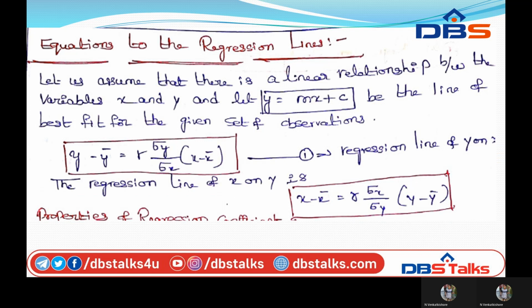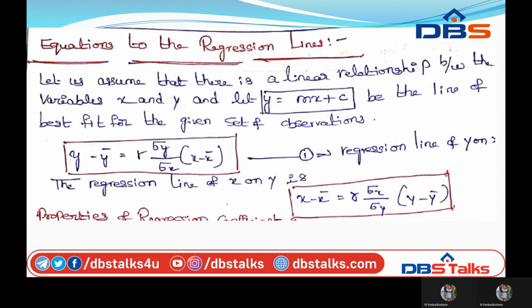These are the equations of the regression lines. Let us assume the regression is a straight line. The straight line equation is y = mx + c, depending on the variables x and y. This regression line is the best fit for the given set of observations.